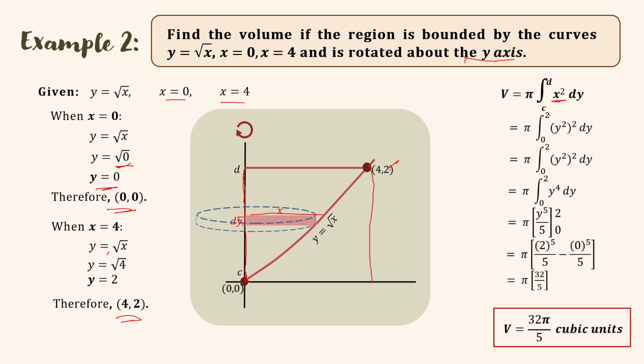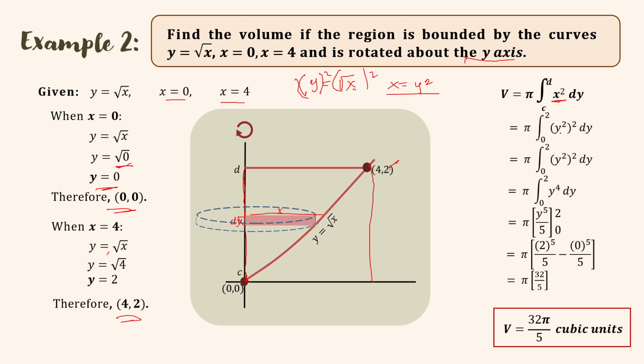Since that is in terms of y, we need to substitute the x in terms of y. Since y is equal to square root of x, x is equal to y squared, because we take the square of this one. Therefore, x is equal to y squared.